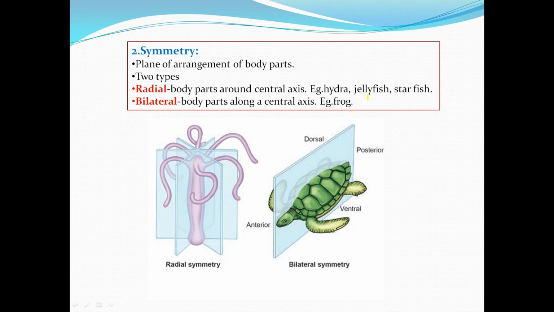Examples for this are hydra, jellyfish and starfish. Whereas in bilateral symmetry, the organs are arranged along a central axis, and if the animal is cut through the central axis along one plane, we get two identical halves. Example for this is frog.